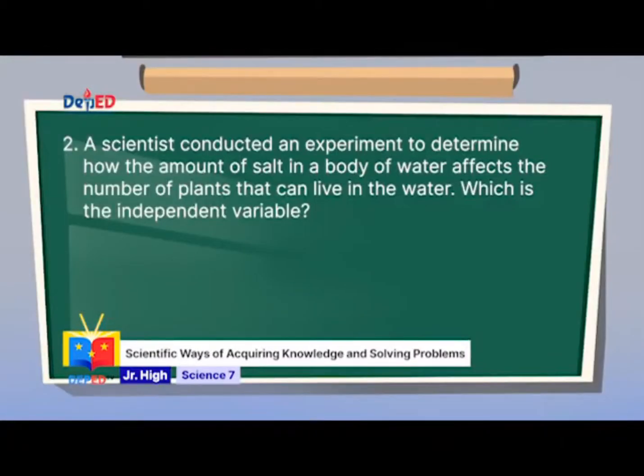Number 2. A scientist conducted an experiment to determine how the amount of salt in a body of water affects the number of plants that can live in the water. Which is the independent variable? A. Water. B. Temperature of the water.